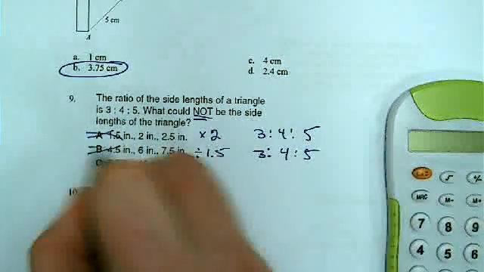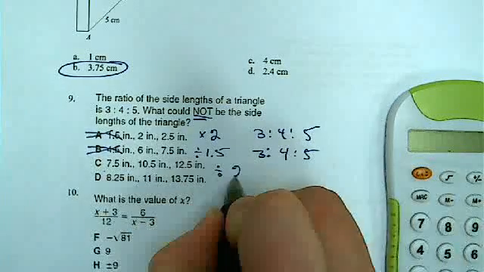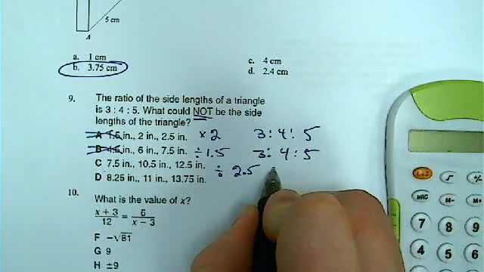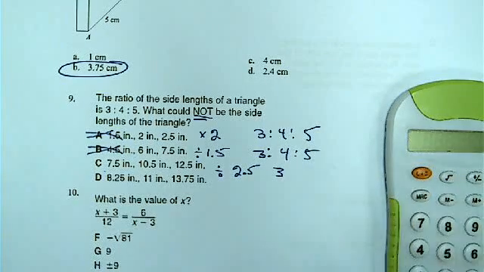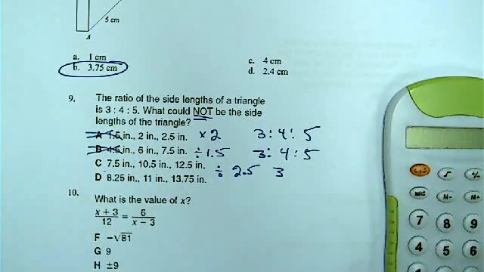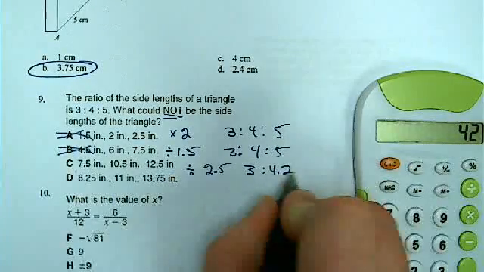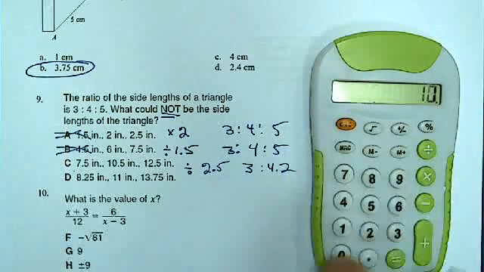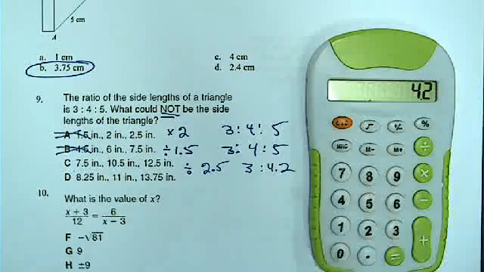So that's out. What about this guy? Let's take that and divide it by 2.5. That'll be 3. 10.5 divided by 2.5. Ooh. See, now that gave me 4.2. Let me double check my calculator, make sure I didn't mess up. 10.5 divided by 2.5 is 4.2.